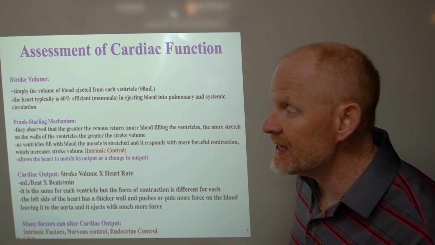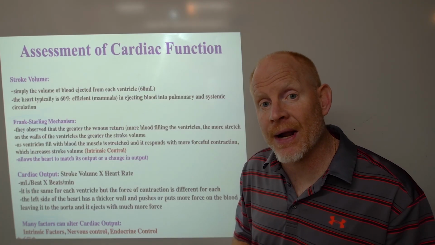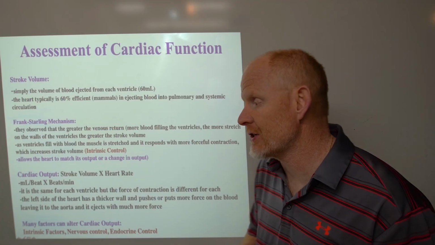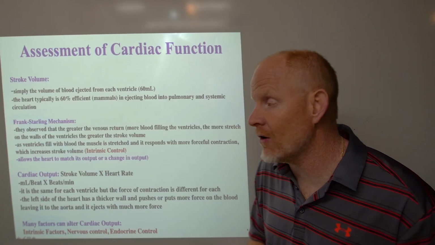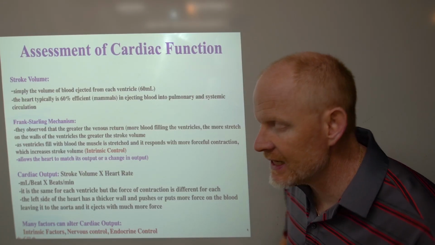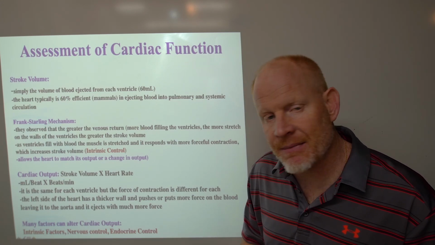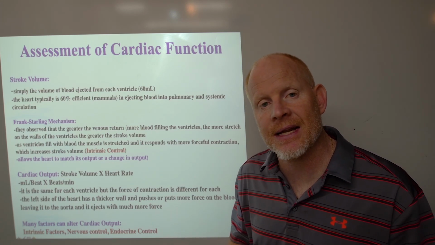We can increase or decrease stroke volume by increasing or decreasing either the heart rate or the force of contraction. We can increase force of contraction by a mechanism called the Frank-Starling mechanism, or the Frank-Starling law. This is an intrinsically built mechanism in the heart. That is, if you stretch the wall of the heart more, the heart contracts immediately harder.